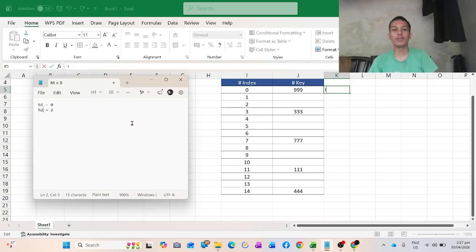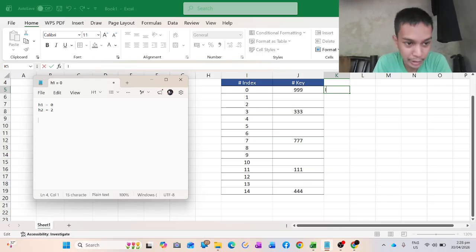But Gab, what are we going to do after finding H2? Well, it's simple. Now we're going to proceed with probing to learn where we should put this. I'm going to show you the computation.